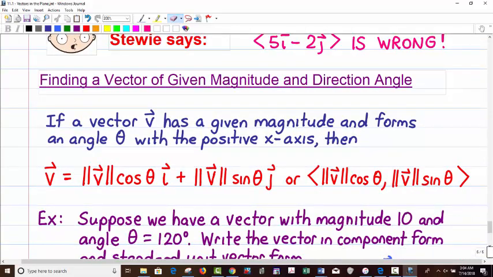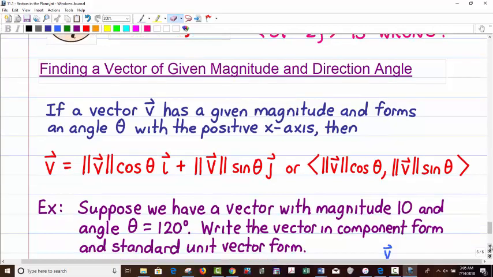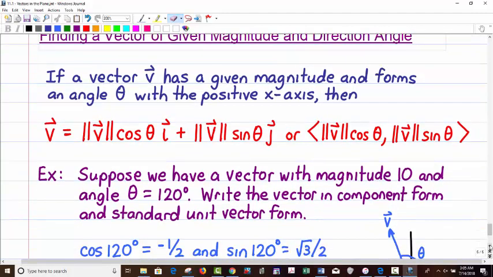All right, if we have a vector v with a certain magnitude that forms an angle theta with the positive x-axis, now I can see where this would have a lot of physics applications, especially when you're trying to find resultant forces, the force in the x and y direction. I see a lot of use for that.